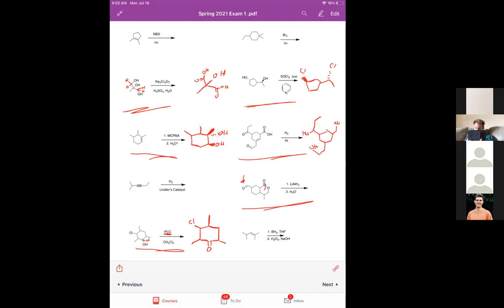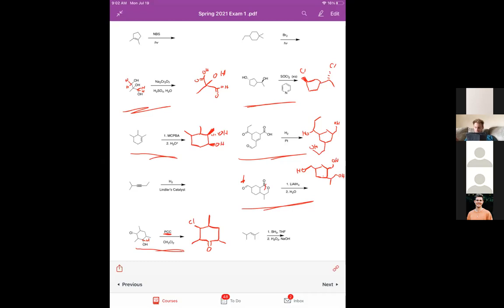Let's start off by just drawing the 6-membered ring that is remaining the same, with its new alcohol on it. We're going to break the bond over here and reduce to an alcohol, as well as leave this one over here.